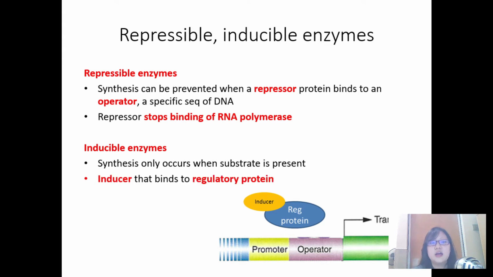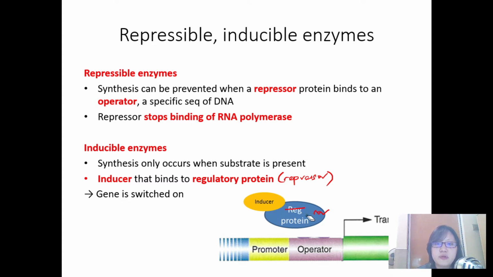An inducer, which could be the substrate itself, can bind to the regulatory protein, in this case maybe a repressor, and cause the gene to be switched on. So the inducer binds the regulatory protein, which is essentially a repressor, and inhibits it from binding to the operator, and therefore transcription occurs.